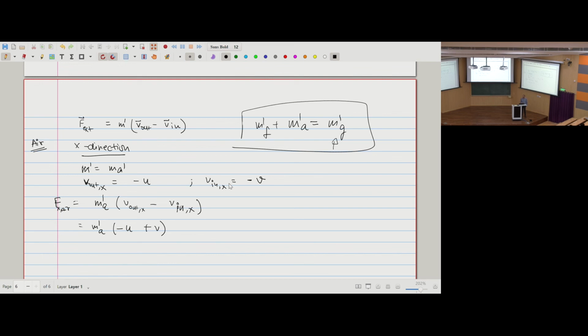There is no y contribution because of this, because I have taken my x axis in such a way so that the V out and V in actually were these magnitudes.